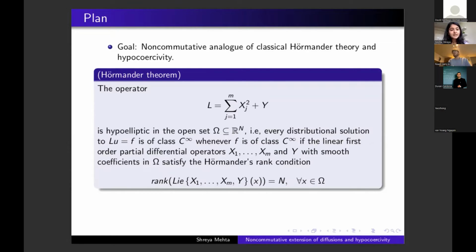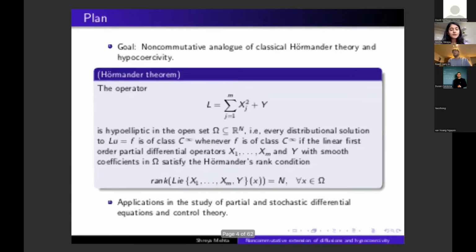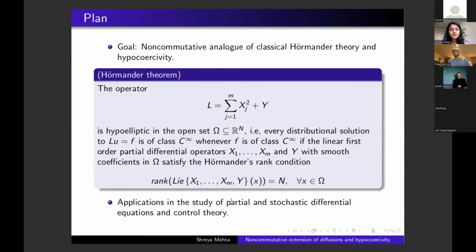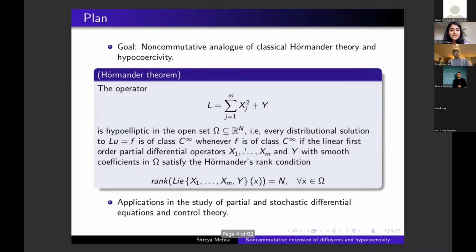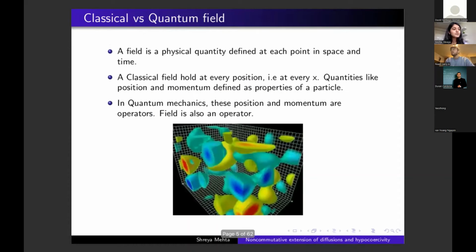So this is a very useful theorem in the application of partial and stochastic differential equations. Here these are the classical fields, and we know that a field is a quantity which is defined at each point. The classical field has some kind of source, like particles, which results in this field existing at every point.